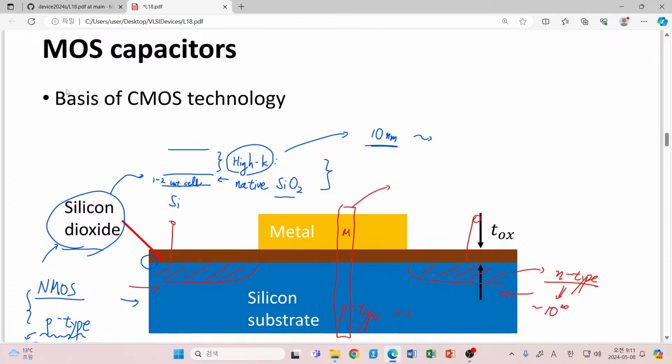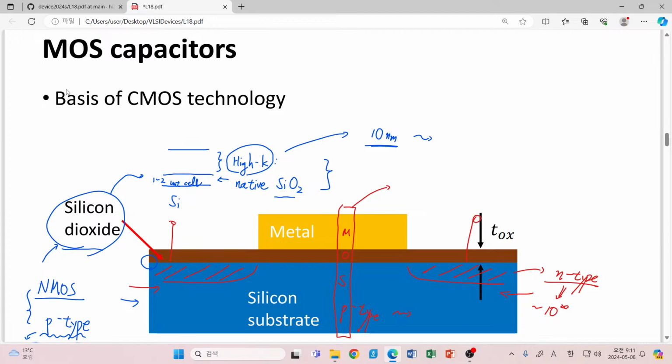So M, oxide, and S, and later we will talk about the entire structure. However, the most important thing for understanding this MOSFET operation is this vertical one-dimensional structure. So that's the reason why we start from the simple MOS structure.